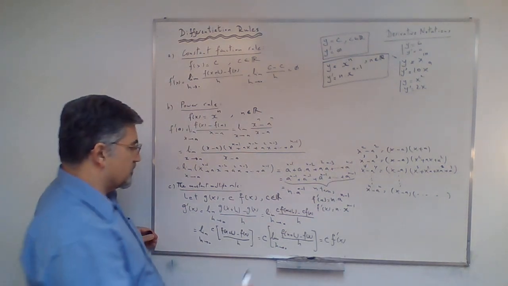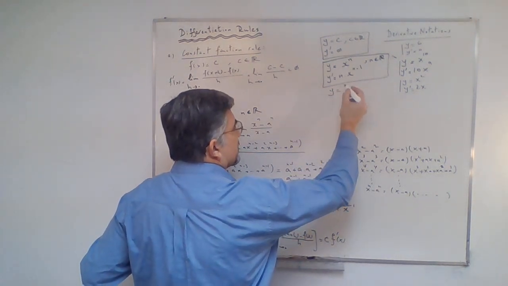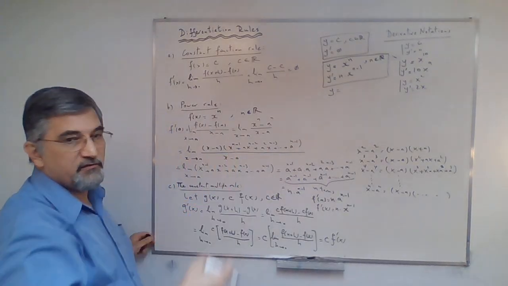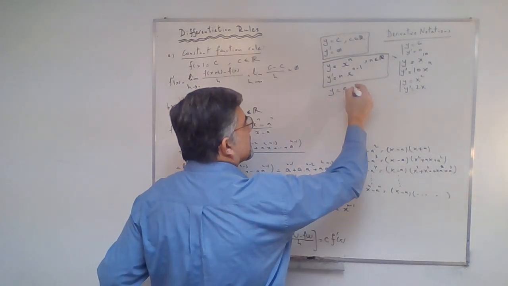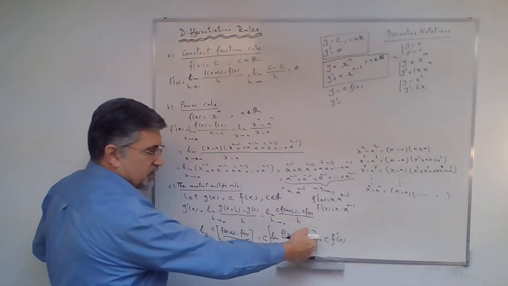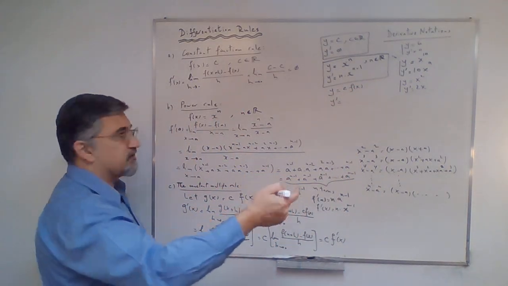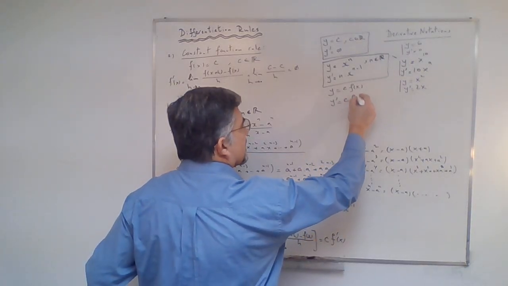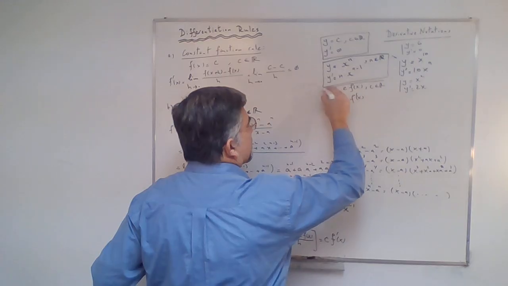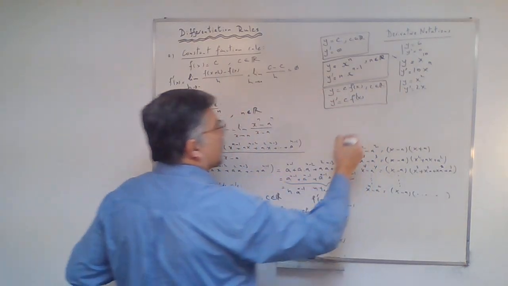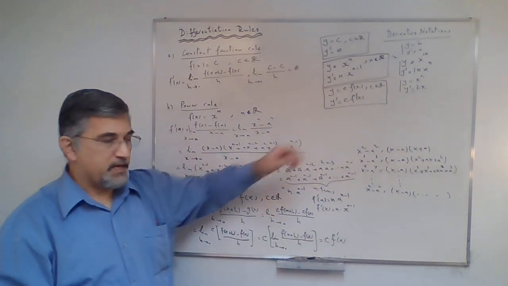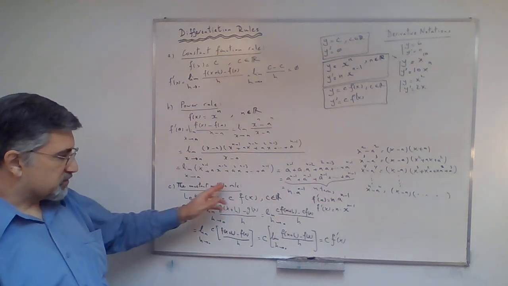So what we showed is that if you have y equals c times a function, let's say c times f of x, then the derivative would be again c times the derivative of that function. So it's going to be c times f prime of x, and of course we know that c is a real number. This is going to be the formula. The name of it is the constant multiple rule.